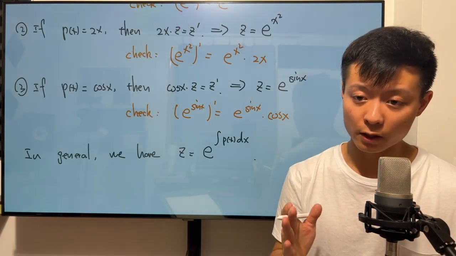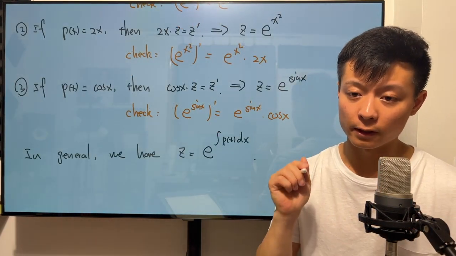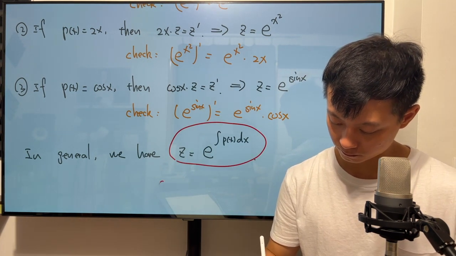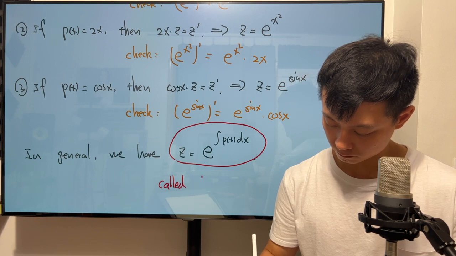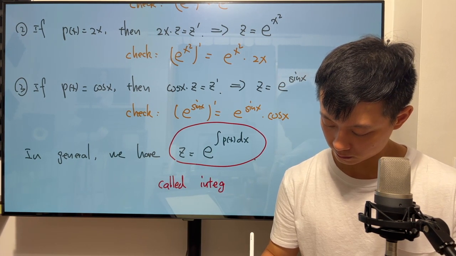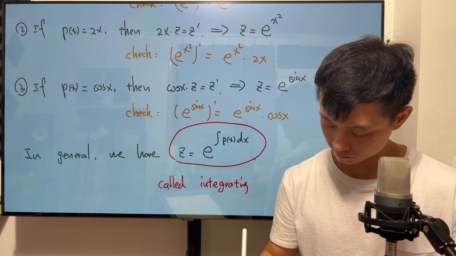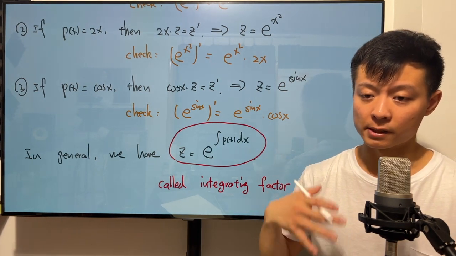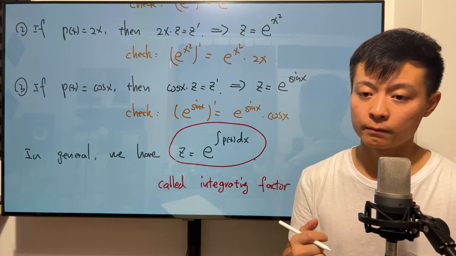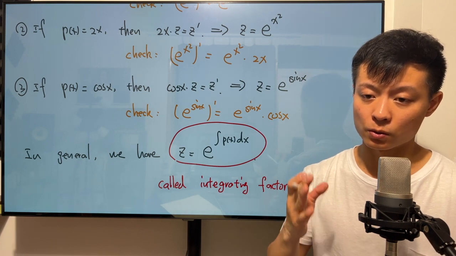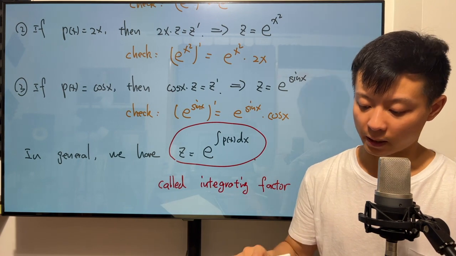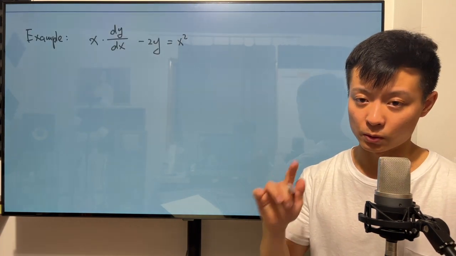For such a z function here in general, we're going to give it a name and call it integrating factor. We have demonstrated the procedure of solving such a type of differential equation and also know how to find the integrating factor. Now let's take a look at an example to see how to do it.